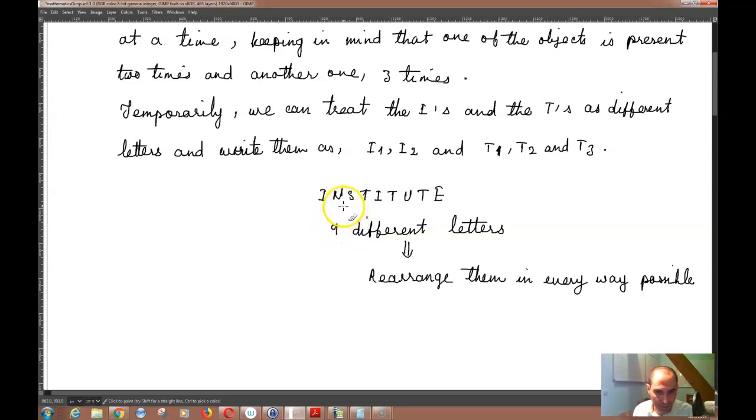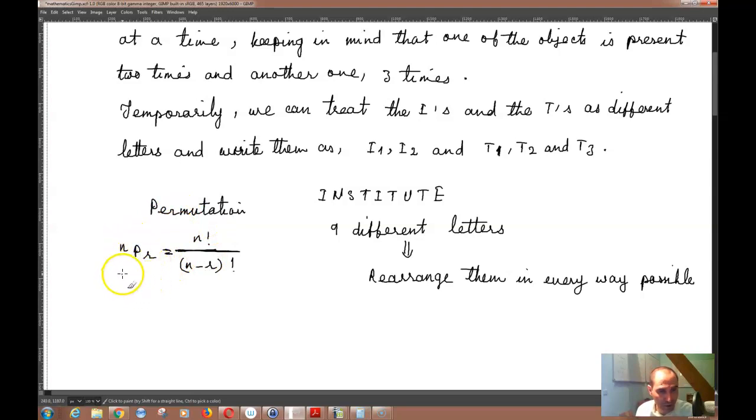We have already solved that problem, and we came up with the concept of permutation. We said that n permutation r is equal to n factorial over n minus r factorial, assuming no repetition, meaning that repetition is not allowed.